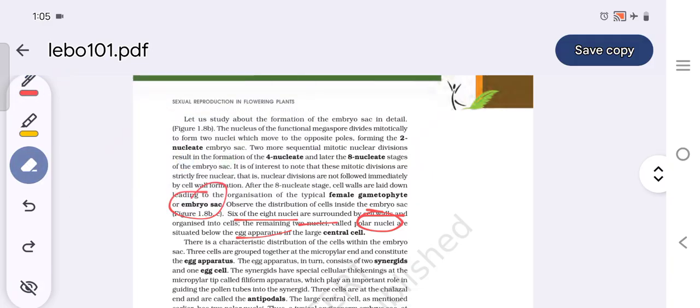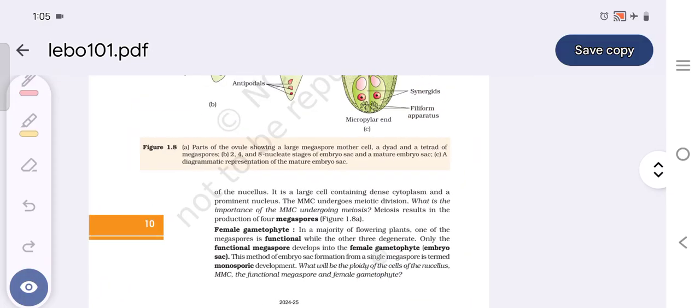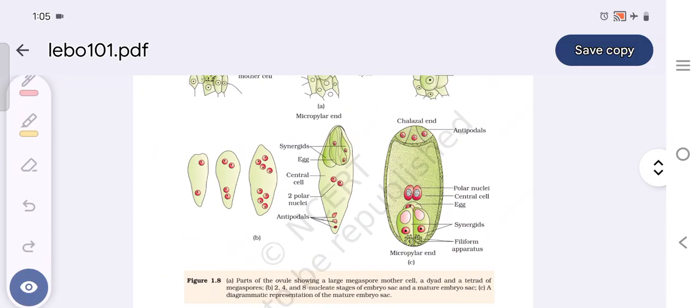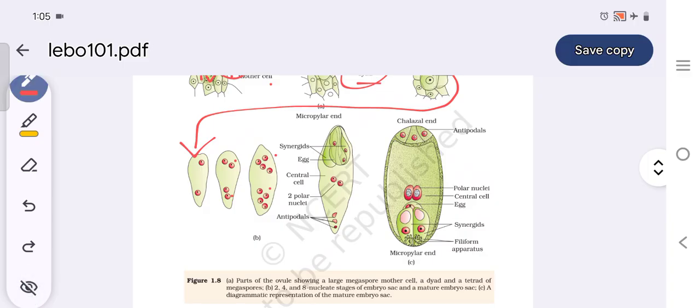Right? So let's go to the diagram to understand how it is. This is how it goes. At the chalazal end, you have the cells called antipodals. Then you have the polar nuclei. Then you have the egg cell near the micropylar end always.